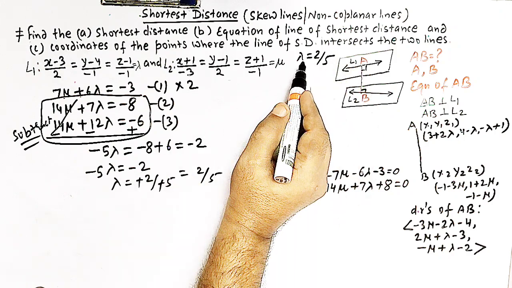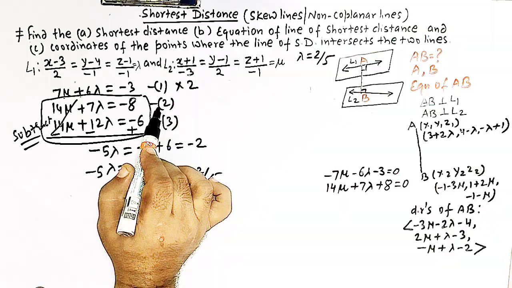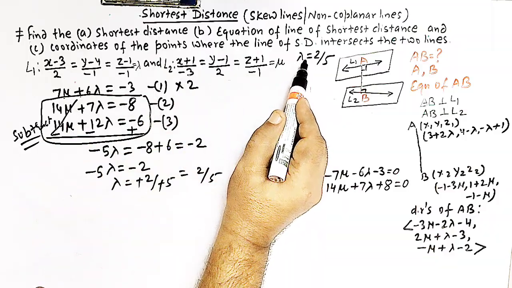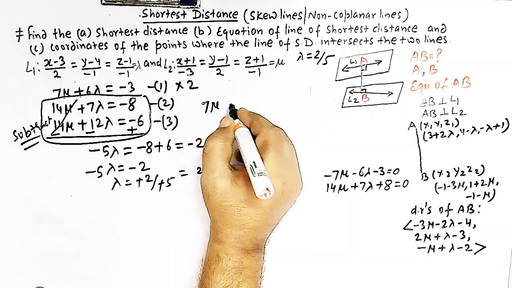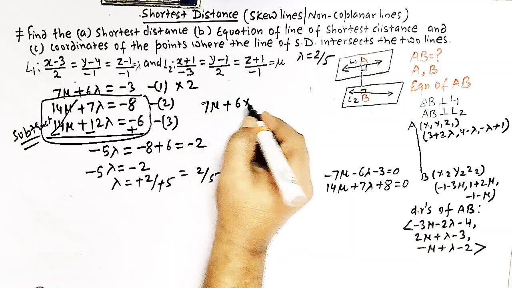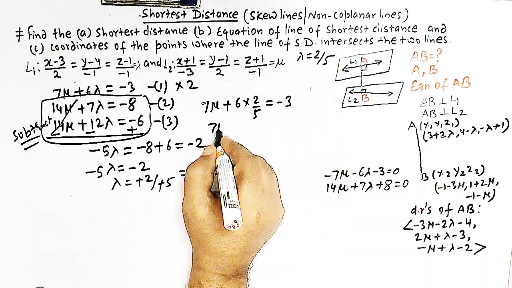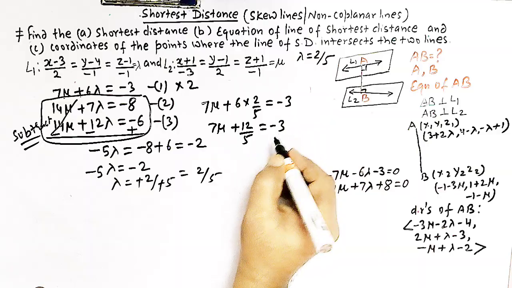Now let us substitute this value of lambda in equation 1 or 2. So here we'll substitute this value in equation 1. So we have 7 mu plus 6 times 2 over 5 is equal to minus 3. 7 mu plus 12 over 5 is equal to minus 3.